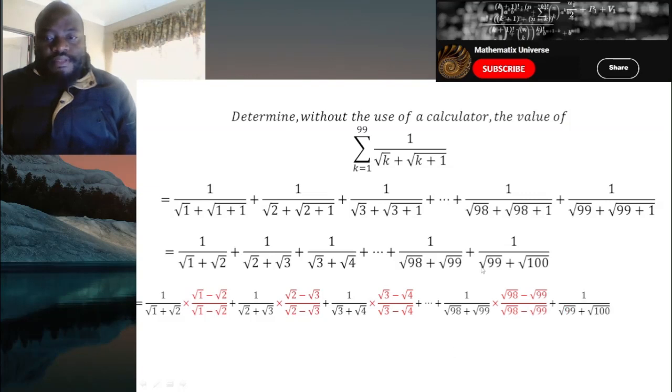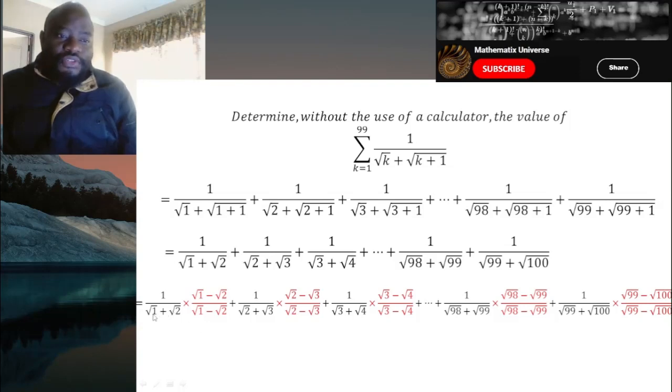Okay, this is the second last fraction and this one is the very last fraction. Then in the numerators, it's just 1 multiplied by this thing, so it's just going to remain as it is. But in the denominator here, we have two things that are multiplying and they are factors of a difference of two squares. So the middle term is going to fall away.